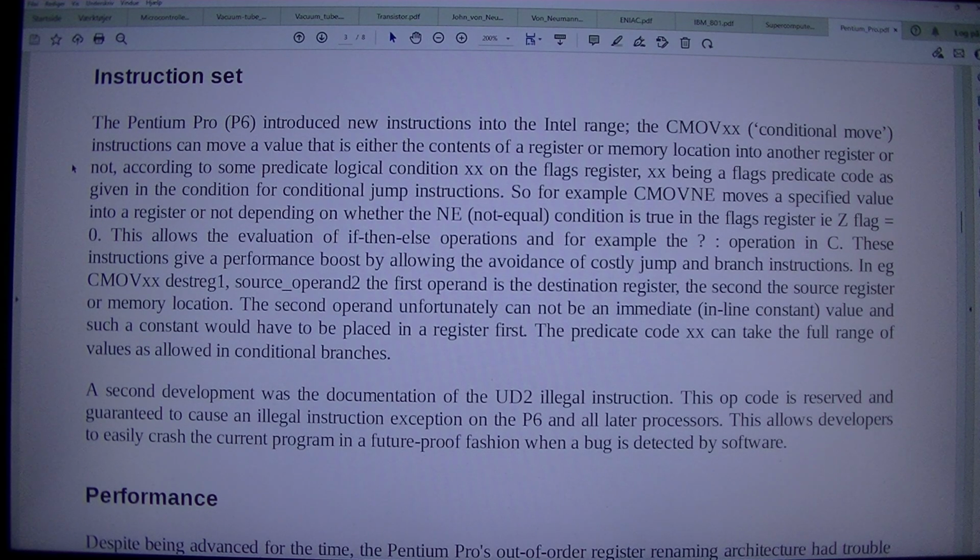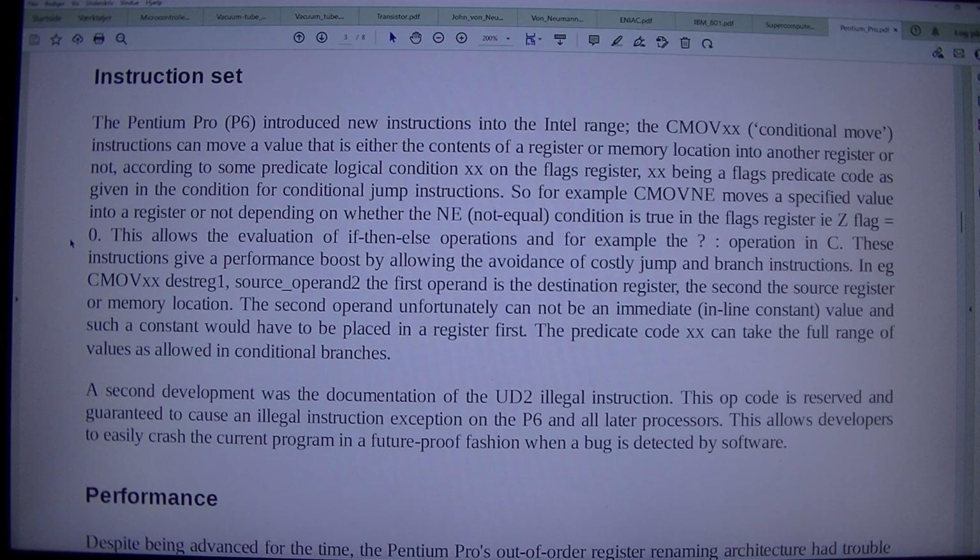So for example, CMOVNE moves a specified value into a register or not depending on whether the NE, not equal, condition is true in the flags register, i.e. Z flag equals 0. This allows the evaluation of if-then-else operations, and gives a performance boost by allowing the avoidance of costly jump and branch instructions.